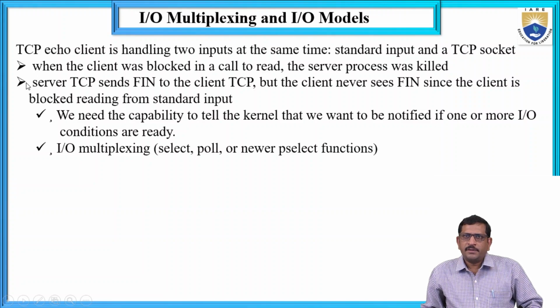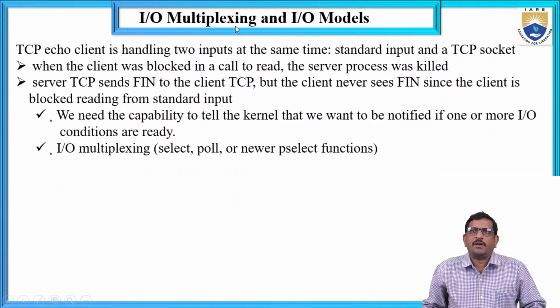This is multiplexing, input output multiplexing. Multiplexing means taking multiple inputs and producing a single output. Multiplexing can be utilized in client-server communication, so that should be the echo client and echo server.